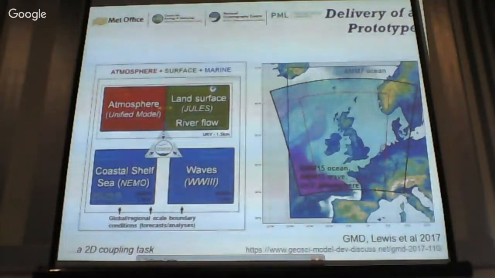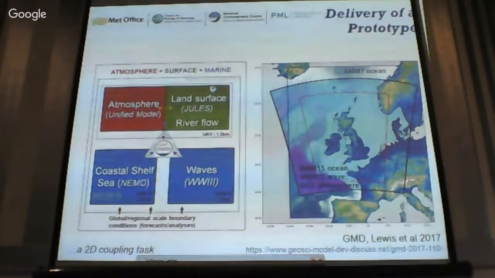So this is kilometre scale resolution across this domain, looking at the northwest shelf of northwest Europe and focused on the UK. The red box in the middle is where our operational weather forecast model was until earlier this year. And the blue box is where our operational ocean forecast model still is at 7 kilometres. And so if you're serious about this coupling work, then there's some initial research done on this red box.